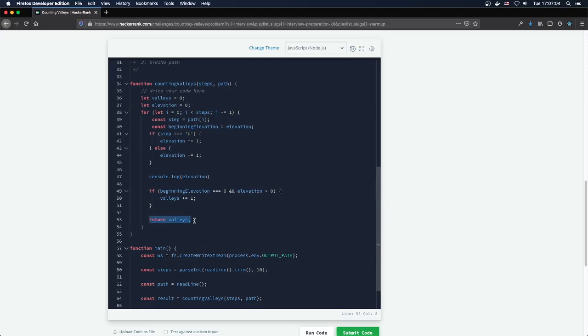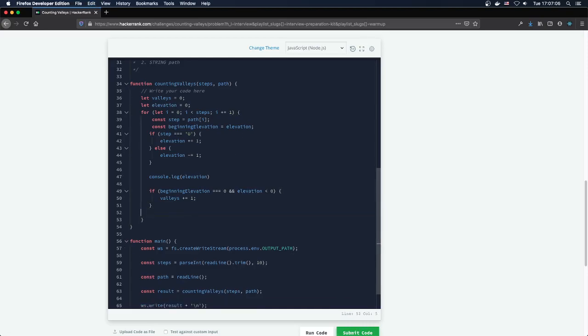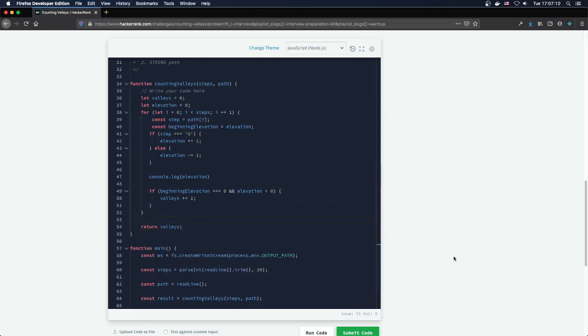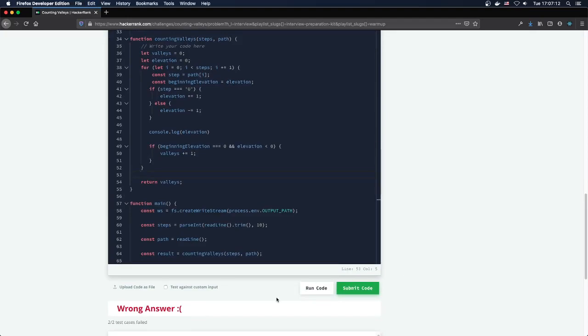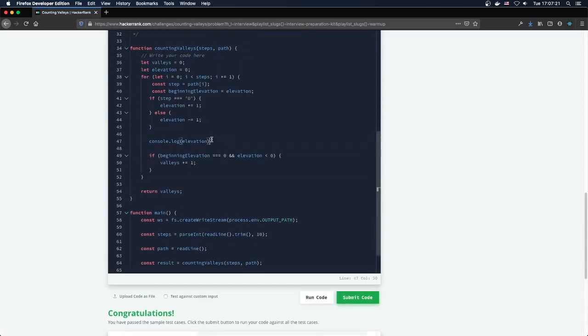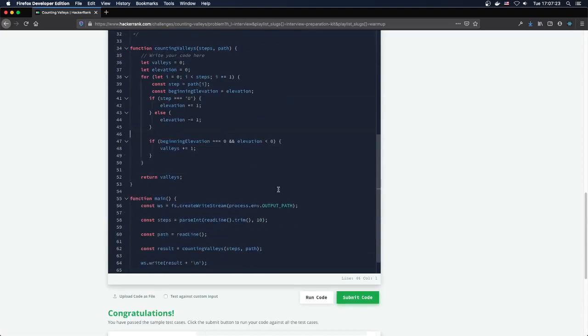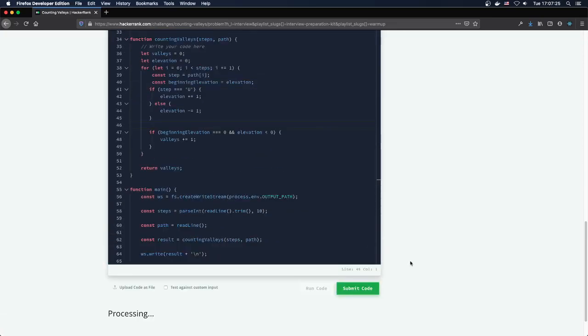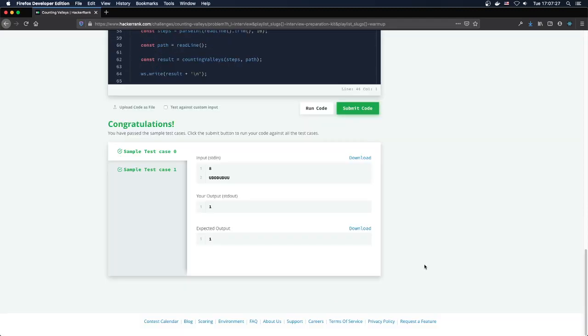That's not right. Well, that's probably why. I was returning in the for loop. I wasn't returning in the... Okay, so that did work. Well, that was my fault for not looking at what I was actually doing.